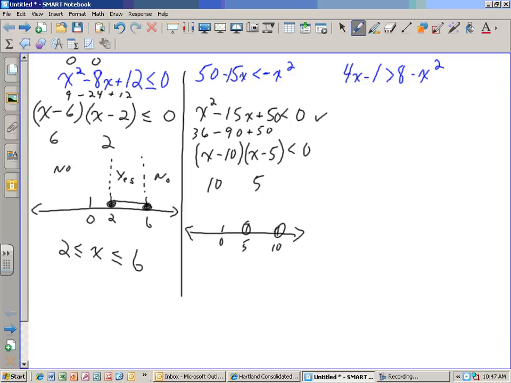That's going to give me a negative number, which is less than 0, and it'll work. And so we have another conjunction. And I can write conjunctions as 5 is less than x and less than 10. So x is right between 5 and 10. That's an and statement. It's a conjunction.